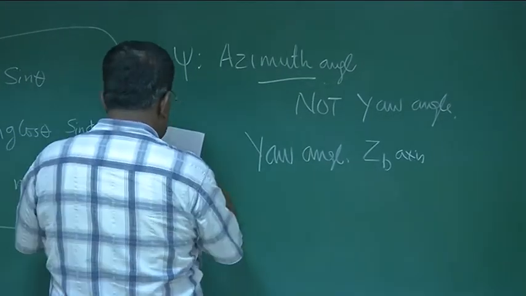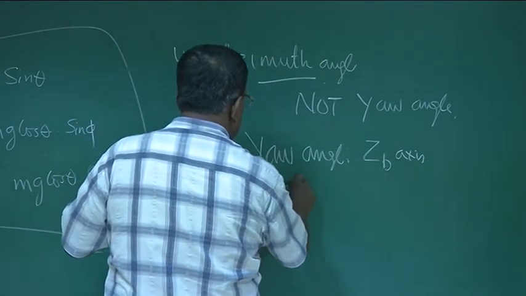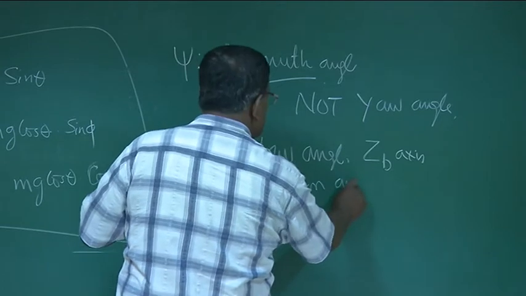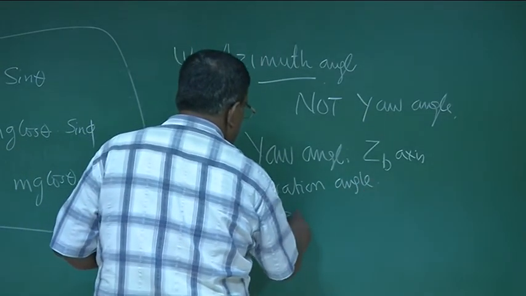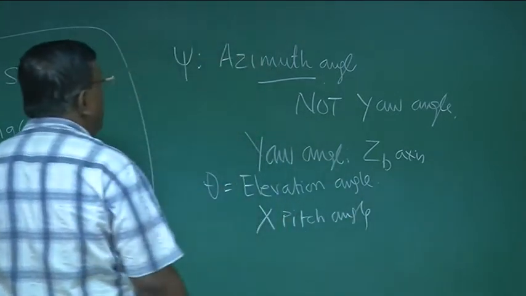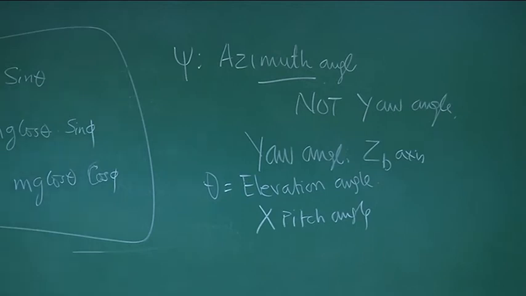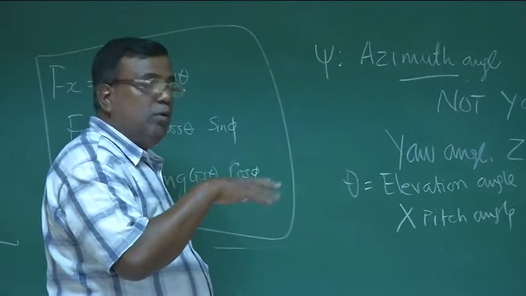And also, Eulerian theta is called elevation angle, but not pitch angle. Why? What is pitch angle? Pitch angle is the rotation about body YB. But what is theta?